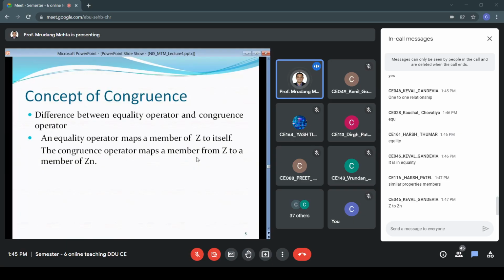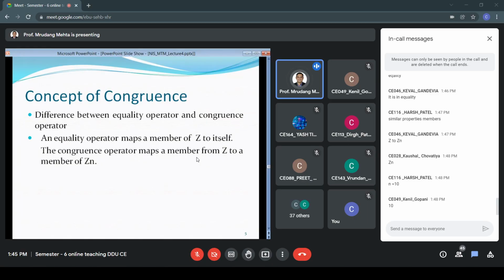Two belongs to which set? Z, Zn, and what is the n value? n equal to 10.